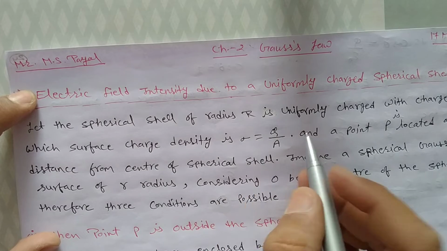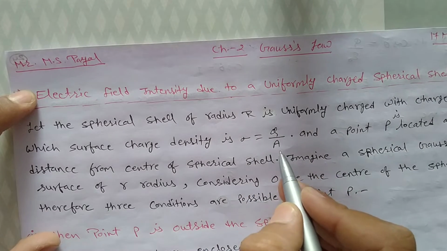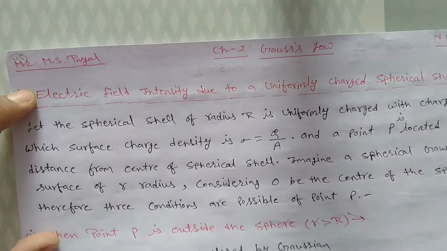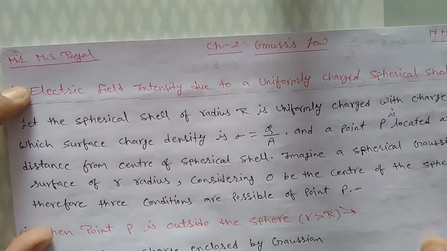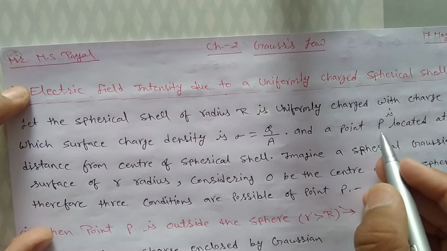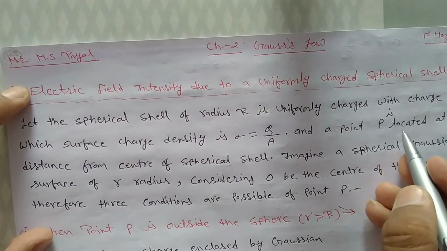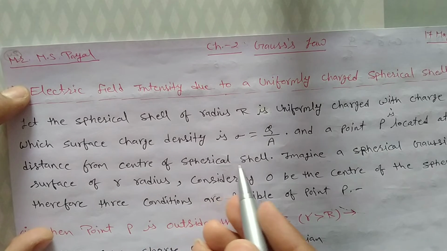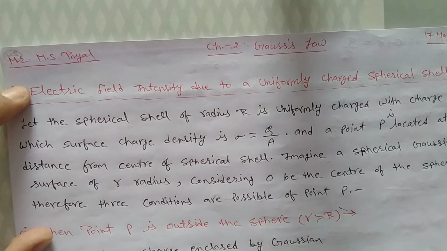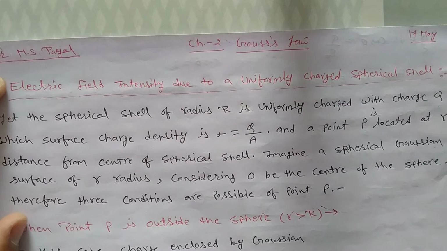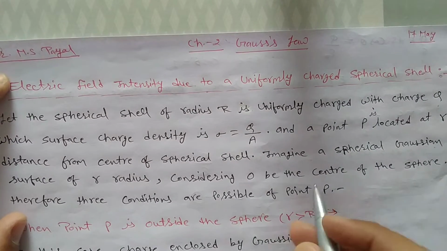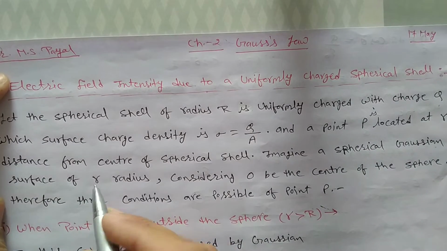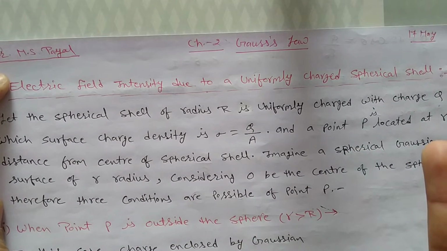Sigma is equal to, we know, Q upon A. Here A is the surface area of the spherical shell. And we consider a point P located at a small r distance from the center of the spherical shell. Then to calculate the electric field intensity, we imagine a spherical Gaussian surface of small r radius, considering O to be the center of the sphere.